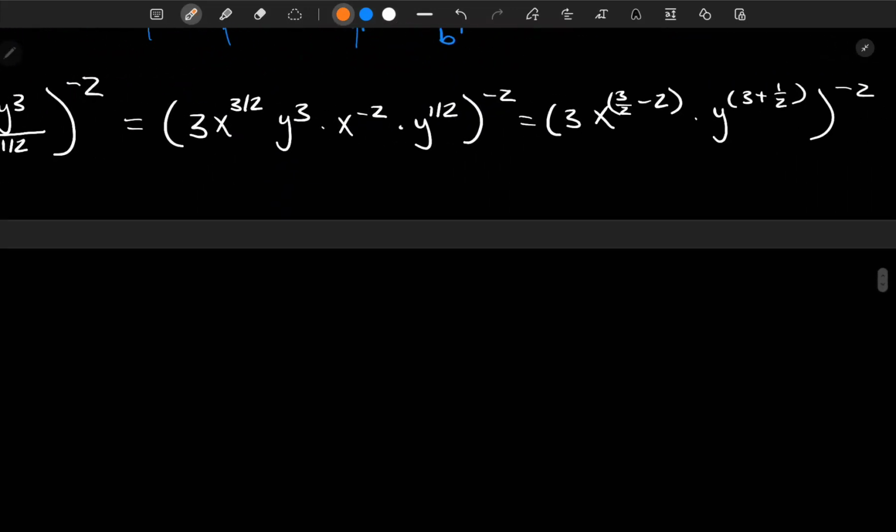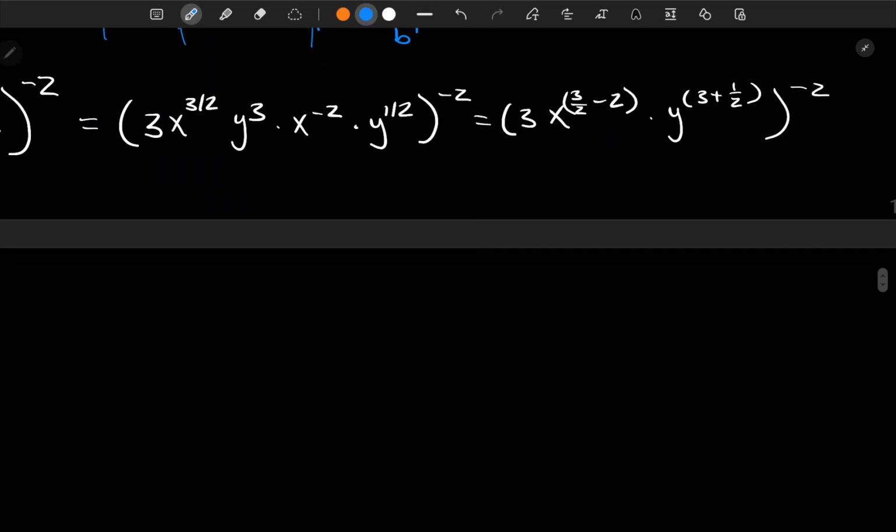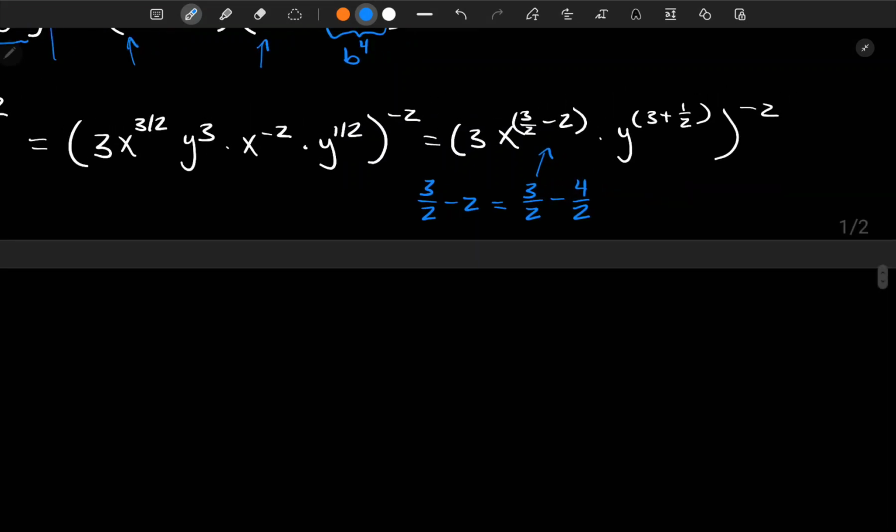Well, here we know 3 over 2 minus 2 is the same thing as 3 over 2 minus 4 over 2, because 4 over 2 simplifies to just 2. And then because these fractions have the same denominator, we can combine them and then just subtract the numerators.